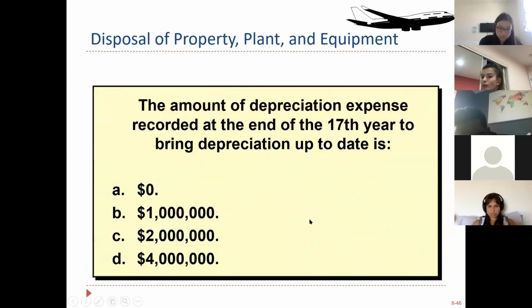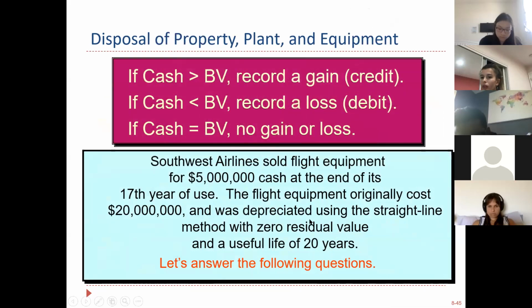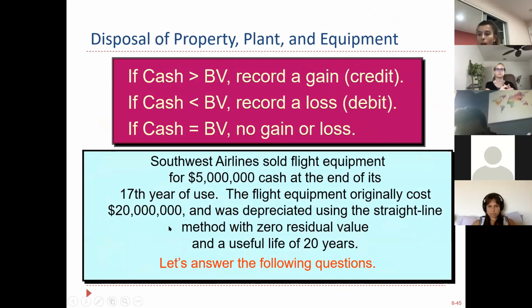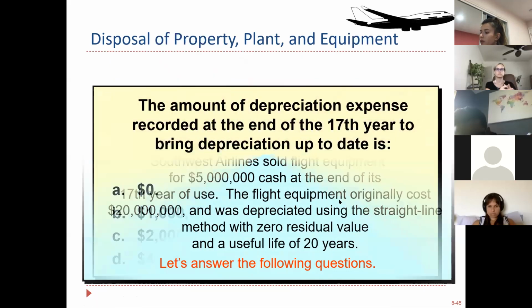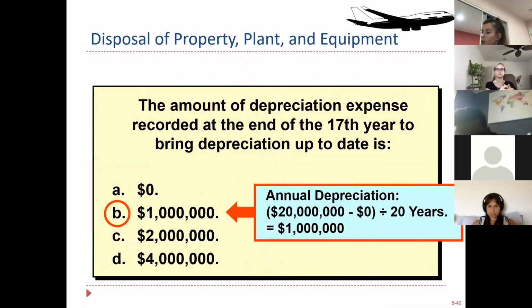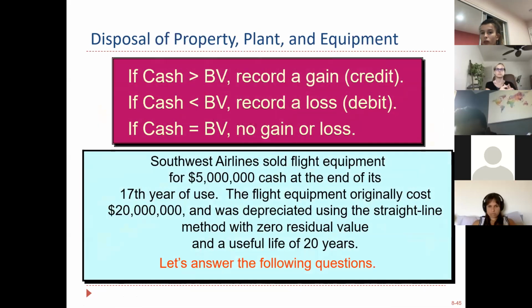So did they make money or lose money on this? Well, this is pretty easy. $20 million minus 17 million. For 17 million, I think they made a gain of, how'd they get 1 million? I'm a little annoyed here.